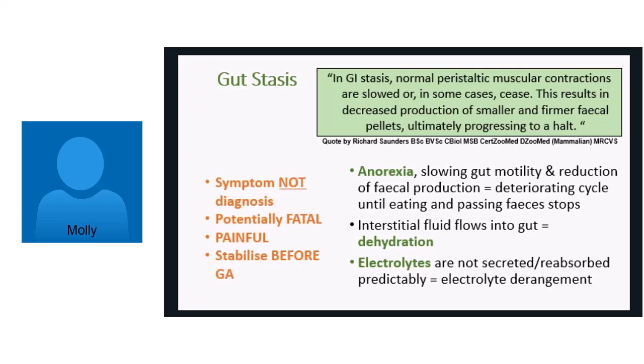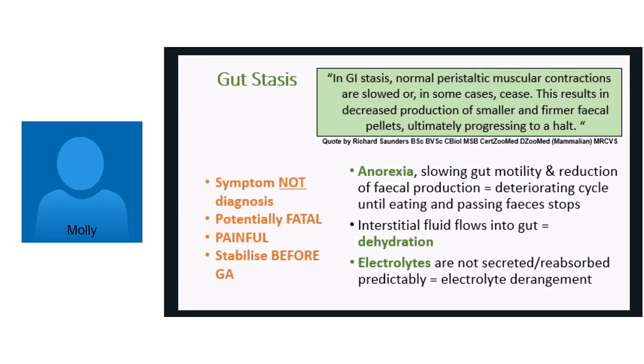So what happens? For whatever reason, these rabbits become anorexic. The gut motility slows, fecal production is reduced, and what we get is a deteriorating cycle of reduced eating, reduced fecal production. We get interstitial fluids shifting from the interstitial tissue into the gut lumen.